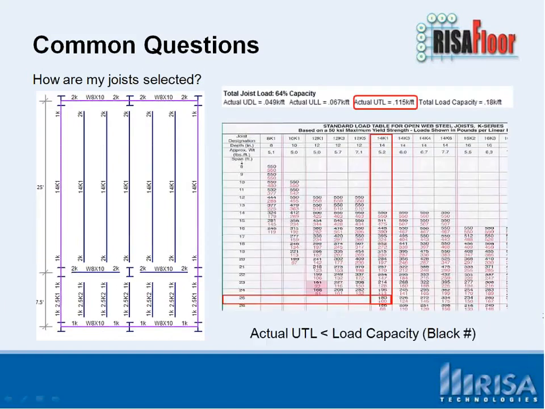We also hear, so this is a continuation of that, how that joist is being selected. This 14K1 we were talking about with the 25-foot span, based on its capacity, the UTL, or uniform total load, is 115 pounds per foot for this span that I have shown here on the left.